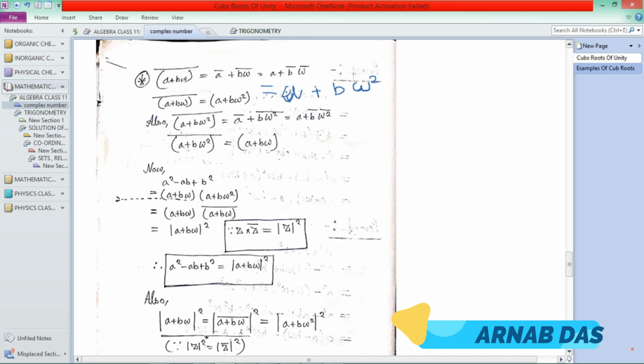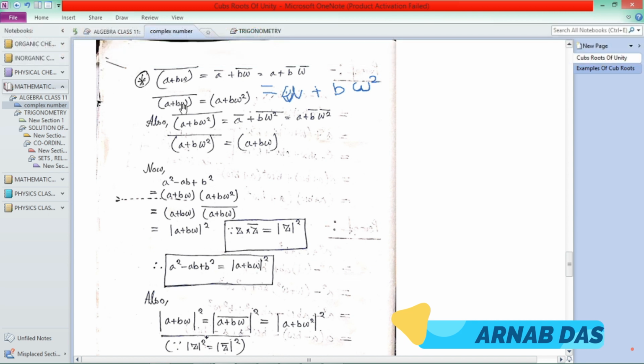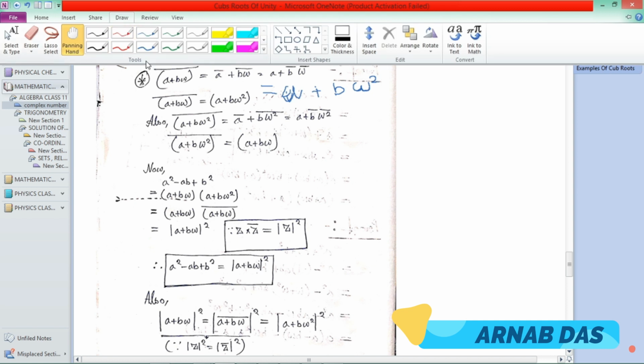So in this case, the bar of a plus b omega equals a plus b omega square, and the bar of a plus b omega square equals a bar plus b bar into the bar of omega square. Here a bar equals a, b bar equals b, and the bar of omega square equals omega.